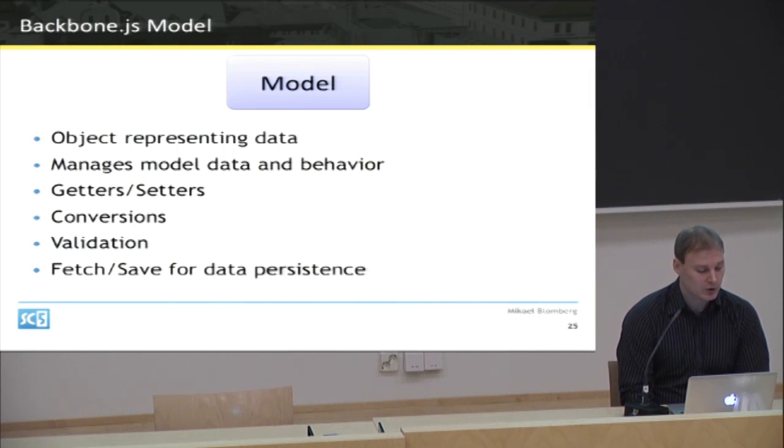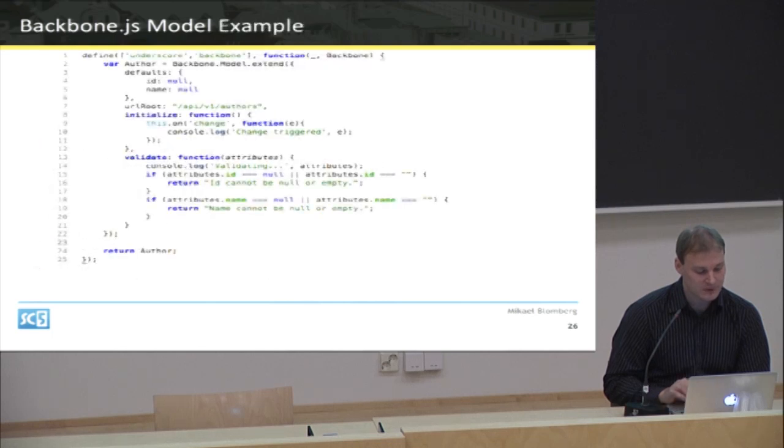And if you modify the model, you can persist it using save. And of course it has a lot more functionality as well, but you can check that out from the documentation.